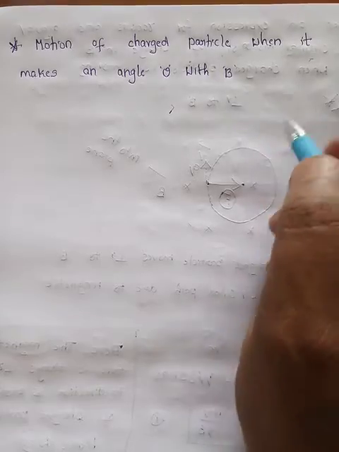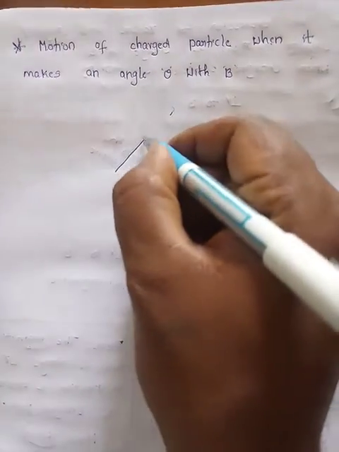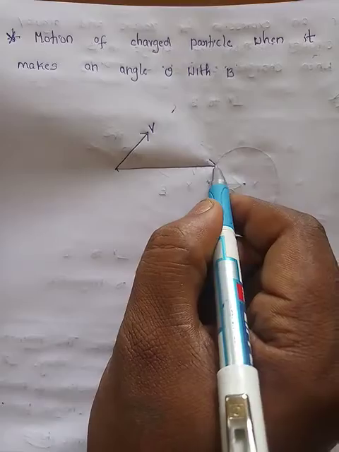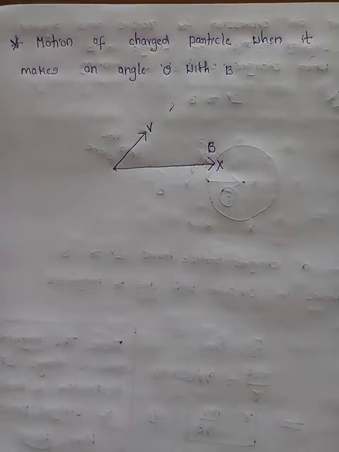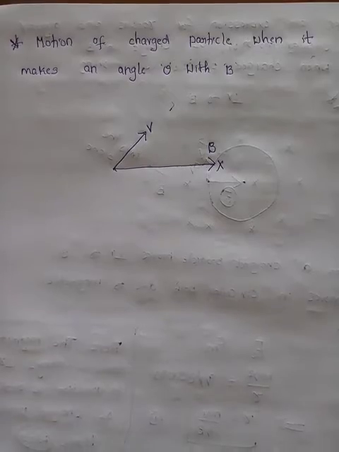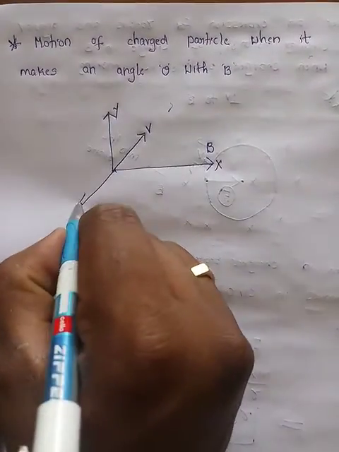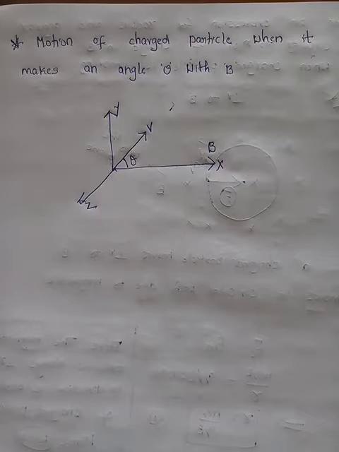For example, a particle is moving with velocity v, and assume that the magnetic field is present along the x axis. Now this is y and this is z. It is making an angle theta with respect to the magnetic field.